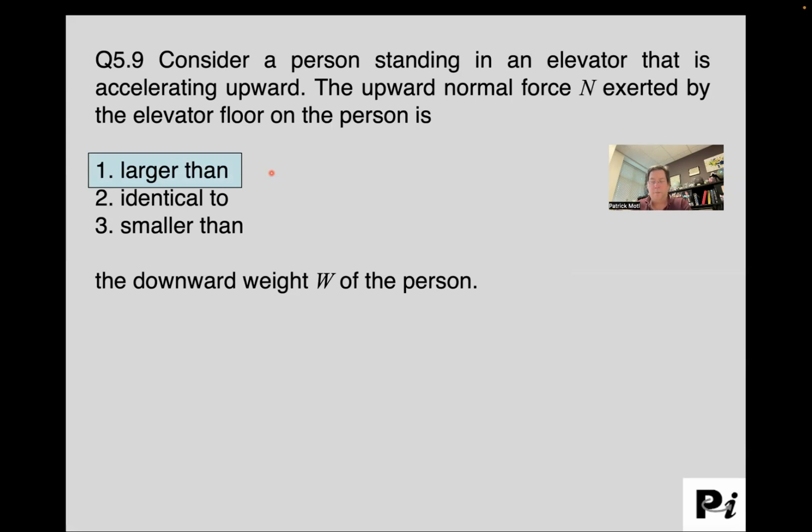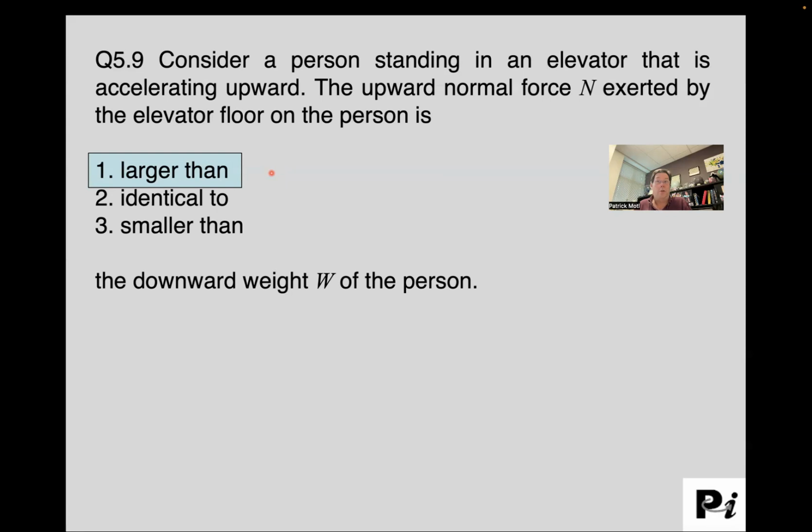And this is why, if you've ridden in an elevator, there are times when it's really easy to jump up, because the elevator is accelerating down. So the floor is partly falling out from underneath you, and the normal force exerted on you is less than your weight. So you can make a better jump.